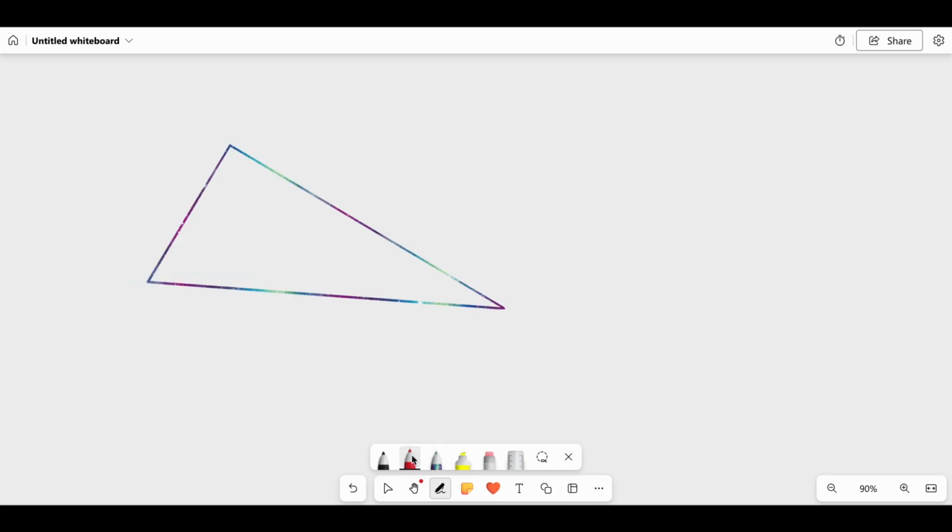And let's say this angle is 50. We have this side is 25. We have this angle is 45, and we need to find this side.